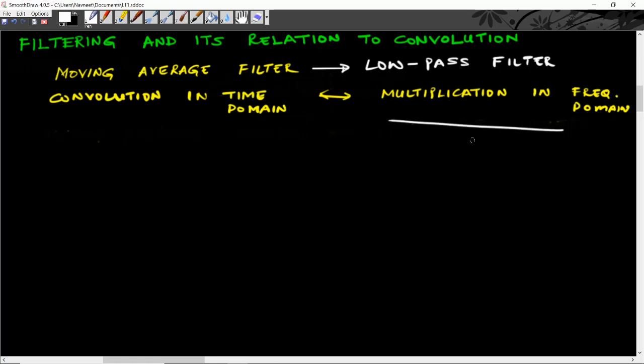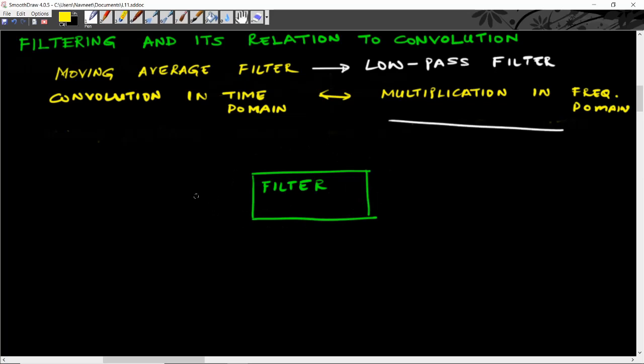So to understand filters based on convolution, let us consider a filter, and this filter can be a hardware system or it could be implemented in software.